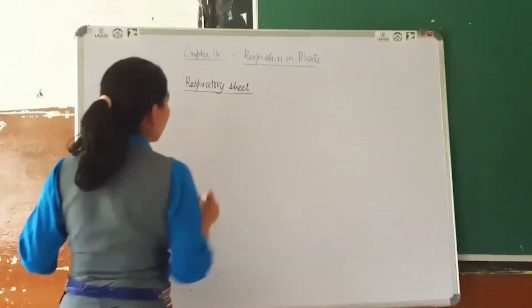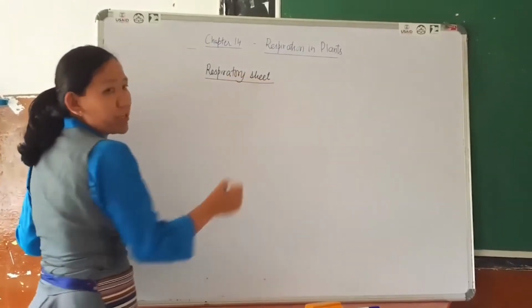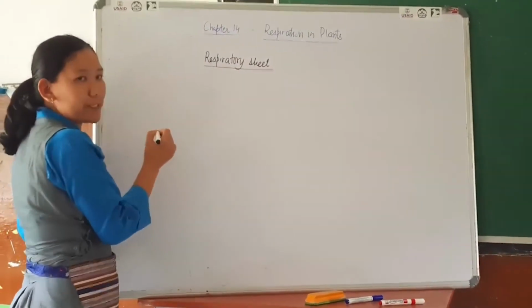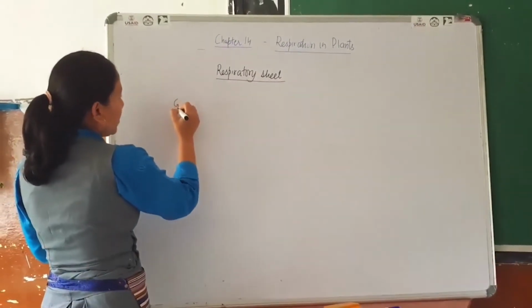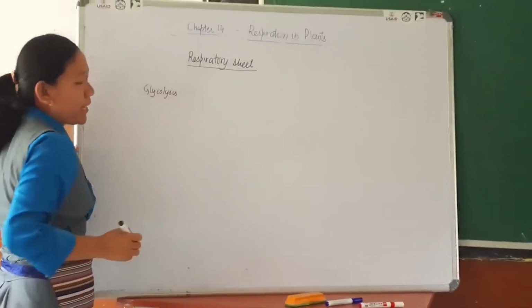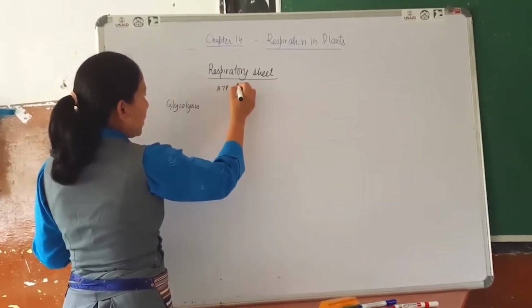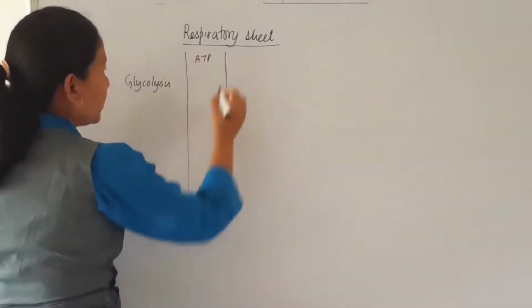Let's calculate. So the very first step, especially in aerobic respiration, is glycolysis. And during glycolysis, how much ATP is synthesized?